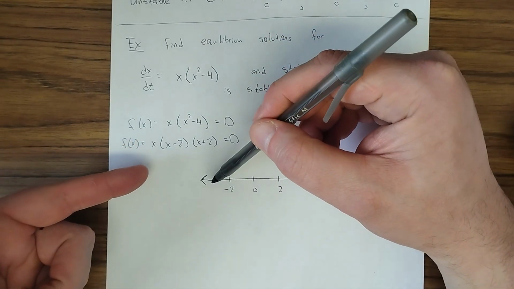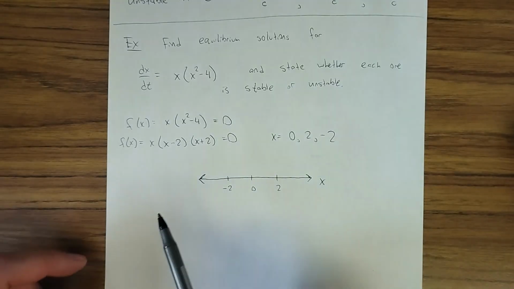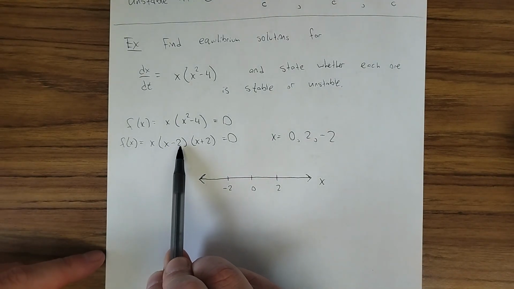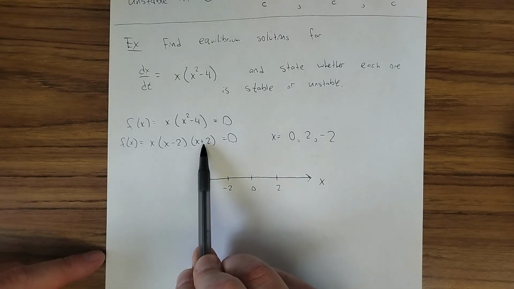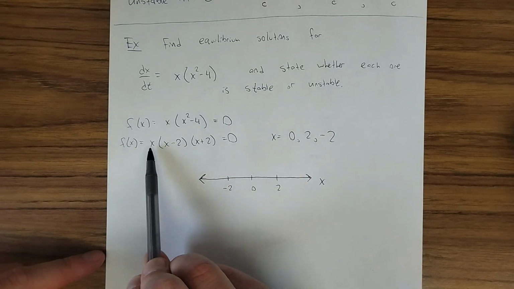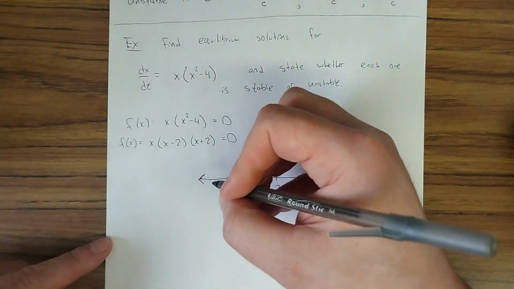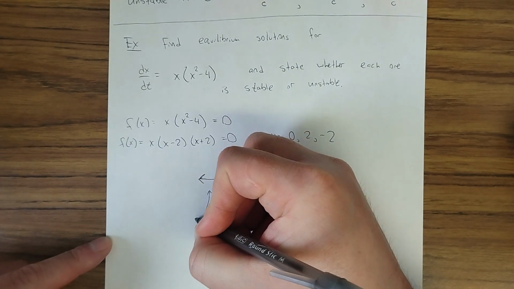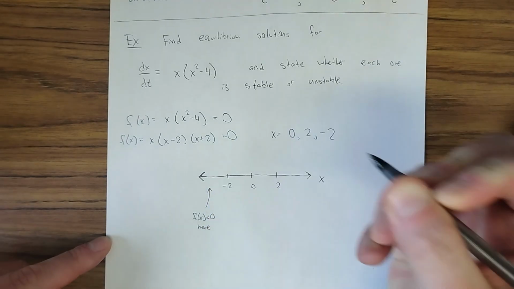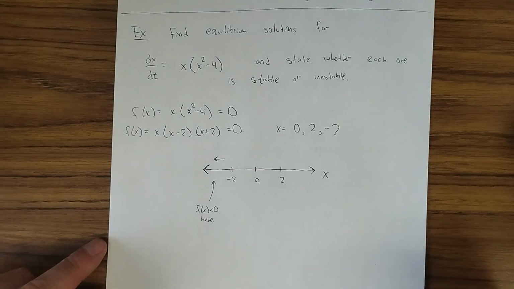If I'm plugging in a value less than -2, then this is going to be negative, this is going to be negative, and this is going to be negative. So I'm going to have negative times negative times negative, which is negative. So negative means point to the left.